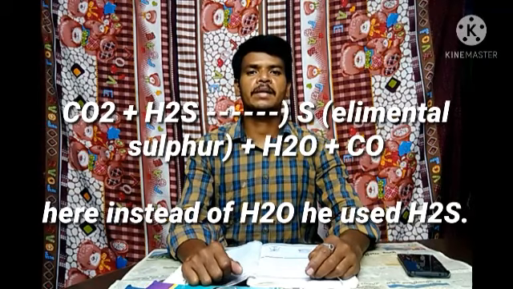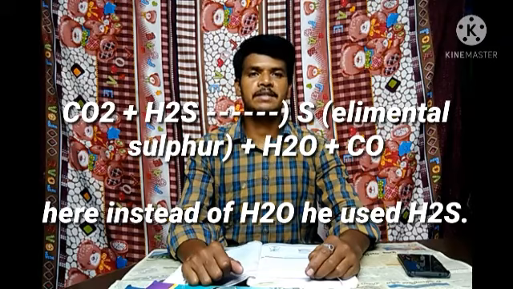He used H2S, hydrogen sulfide, instead of the H2O molecule, which is an essential raw material in photosynthesis. That's why at the end of this process he observed the evolving of elemental sulfur.